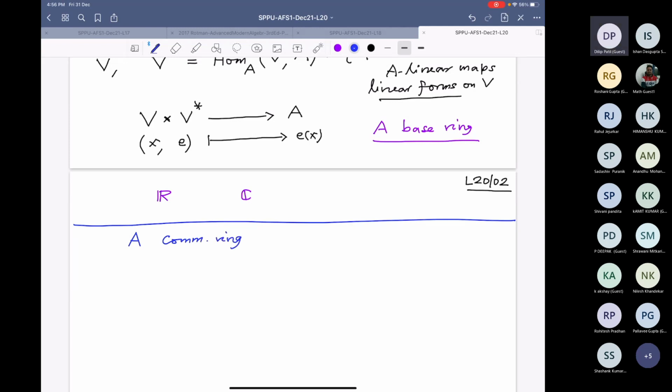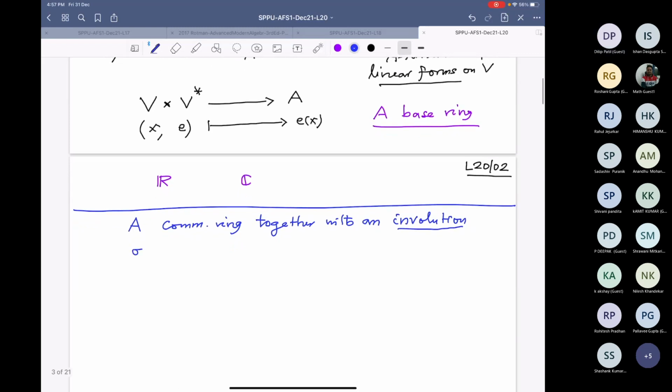And together with an involution. What is an involution? That involution I will keep denoting sigma.